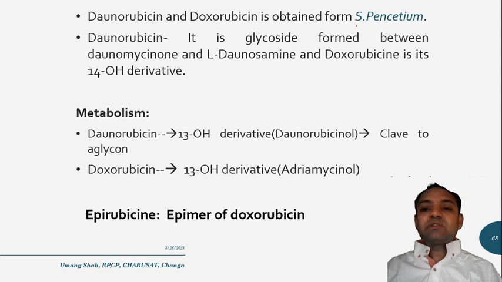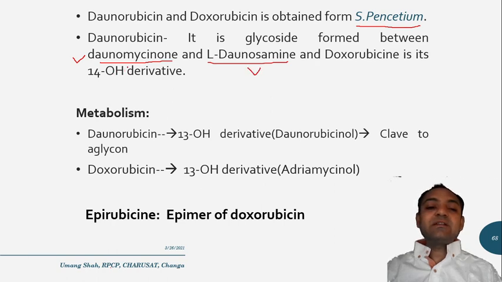Now doxorubicin and daunorubicin are both obtained from Streptomyces peucetius. Daunorubicin is a glycoside formed between daunomycinone and L-daunosamine. So daunomycinone is called the aglycone part, and as we discussed, there is a change between daunorubicin and doxorubicin at the 14 position.